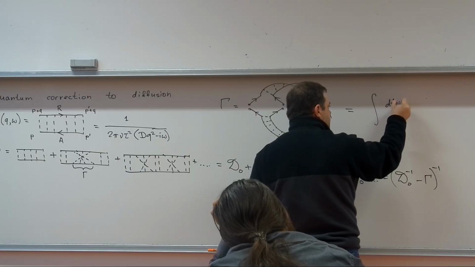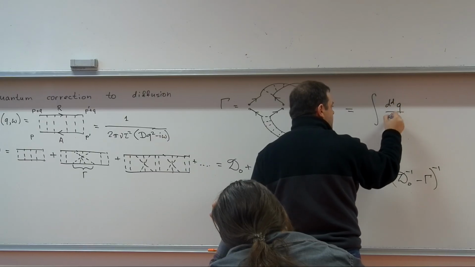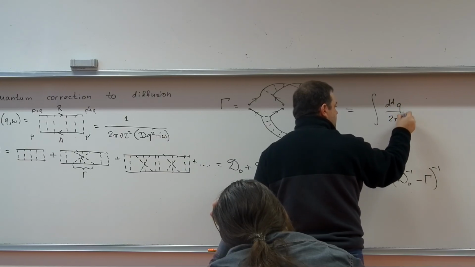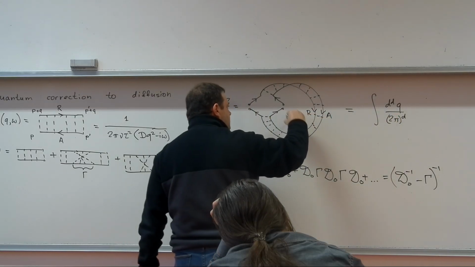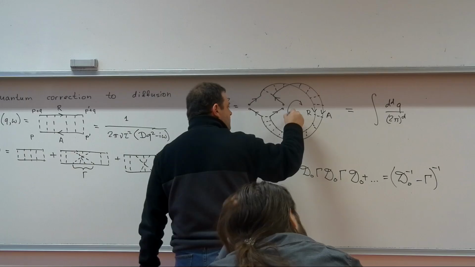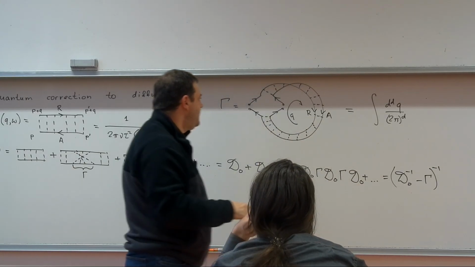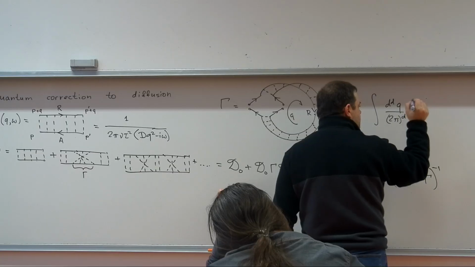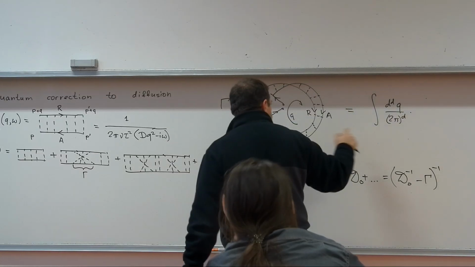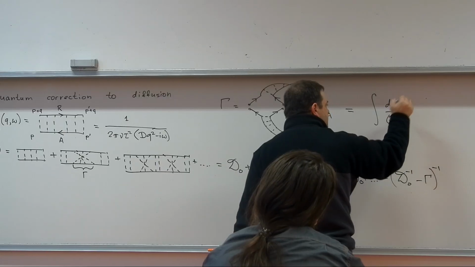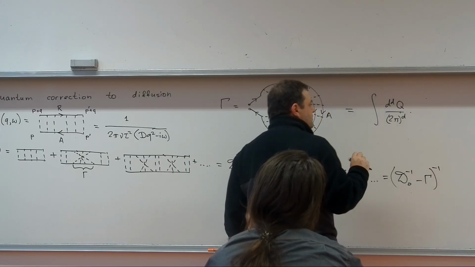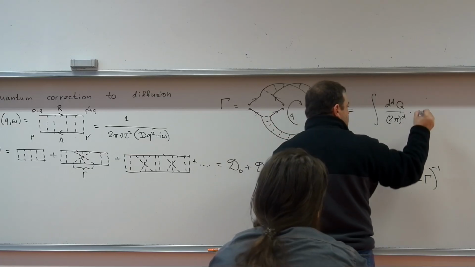The integral over some momentum q, which runs inside this loop. We have momentum q that goes along the couperon. And there are, oh, sorry, let me put a capital Q here, capital Q. And then there are 2 objects.